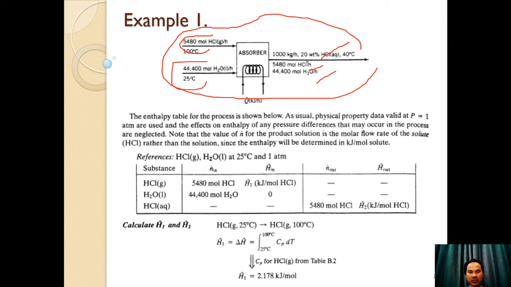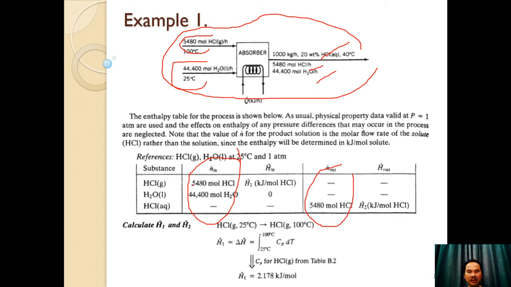For this case, we write HCl gas at 25 Celsius and 1 atm as the reference state. And also we reference water input at 25 degrees Celsius as the reference state. That means you know the amounts for HCl input and water input.